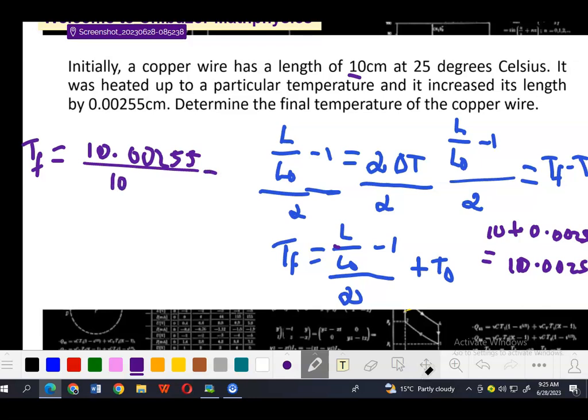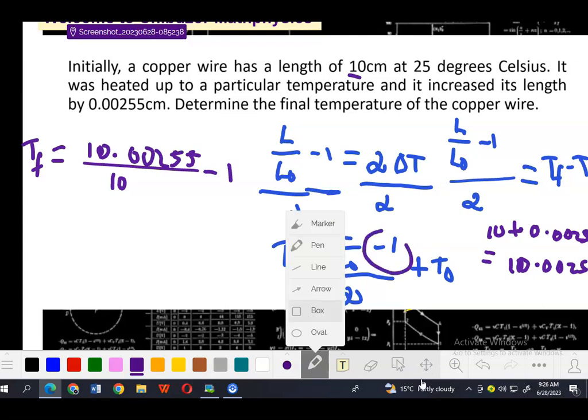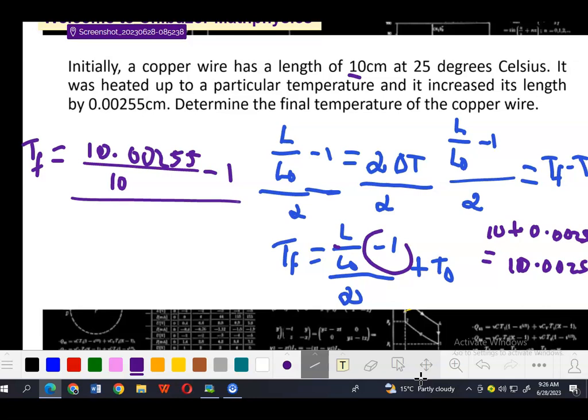Minus 1, like you have seen here. Divide all this by alpha. We know that alpha is the thermal coefficient of linear expansion, and for copper, it is 17 times 10 to the negative 6, and this is per degree Celsius.